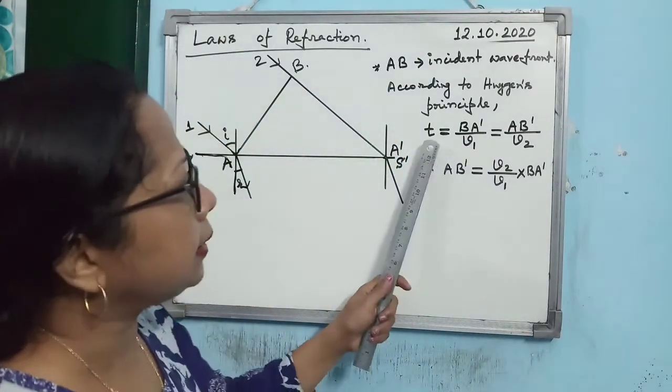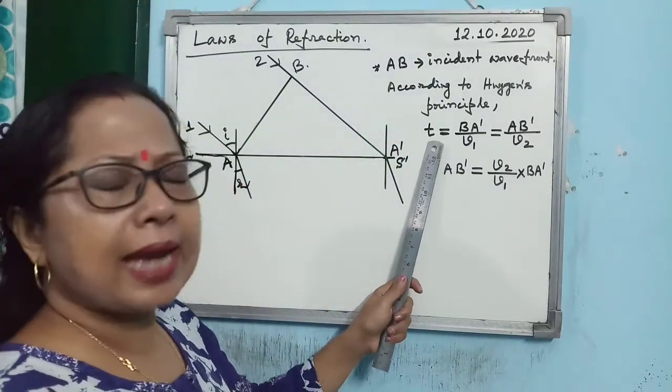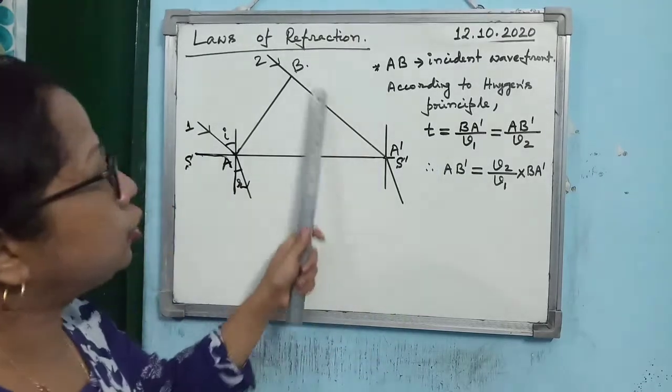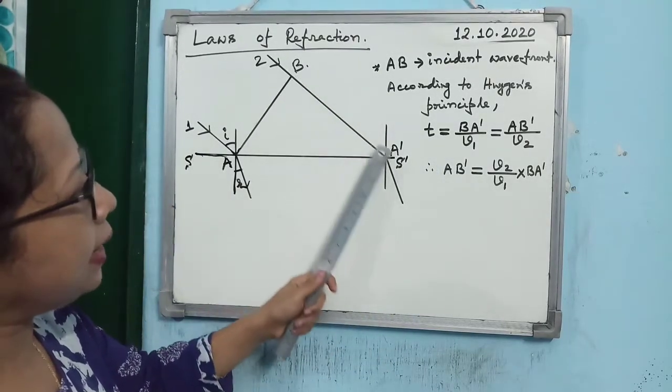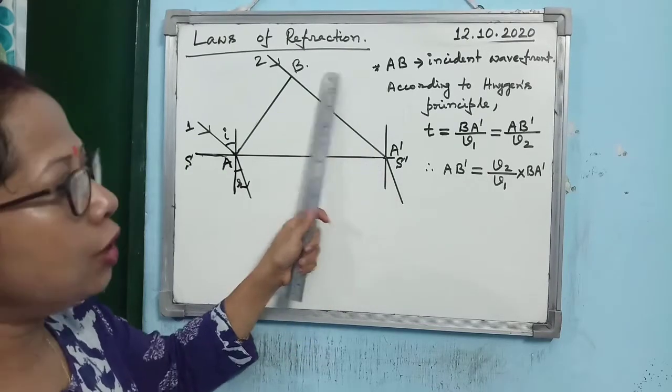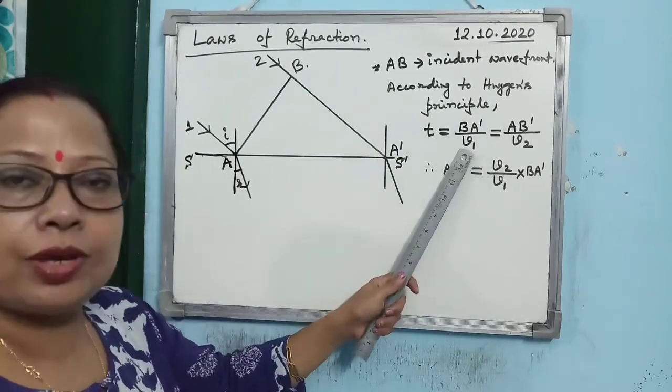So if we consider T to be the time taken by ray 2, then ray 2 is travelling a distance BA dash in the first medium, so it should be BA dash by V1.